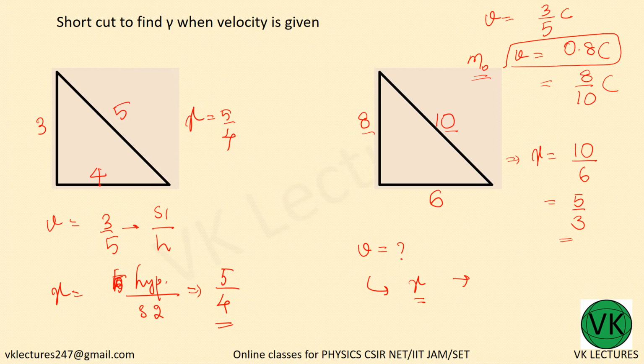Then what is the mass? Mass is nothing but gamma times m naught. How will you find gamma? Through this method. So gamma is equal to 5 by 3, right? So it will be 5 by 3 times m naught. This will be the mass of the particle when it is moving with 0.8 c.